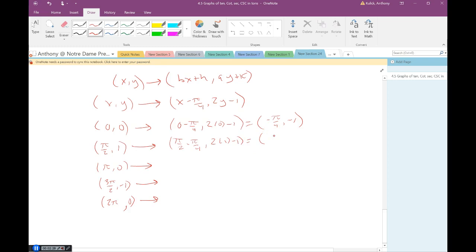So here, to do pi over 2 minus pi over 4, what do I need to have? Common denominator, right? So what is that common denominator going to be? 4. So I can multiply that first fraction by 2 over 2. So when I do that, I have 2 pi over 4 minus 1 pi over 4. That gives me just pi over 4.